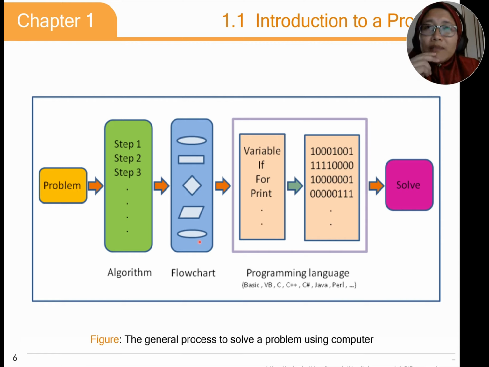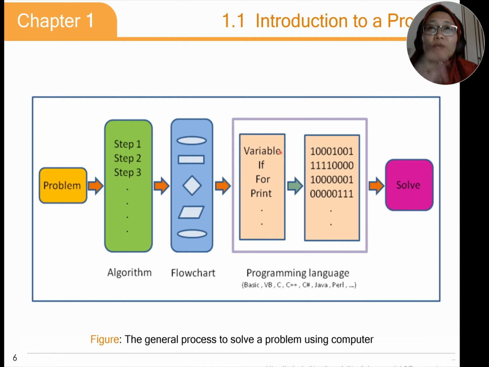Then from the algorithm, we get a flowchart. It starts, and then this is where we make a decision, yes or no, and then it goes to the next one and to the end. And programming language here again. In the previous slide we saw human instructions; here we see that it's made up of variables, if, for, print.